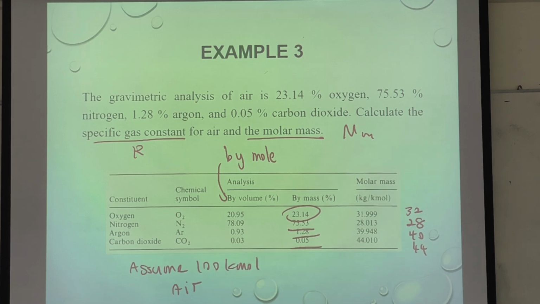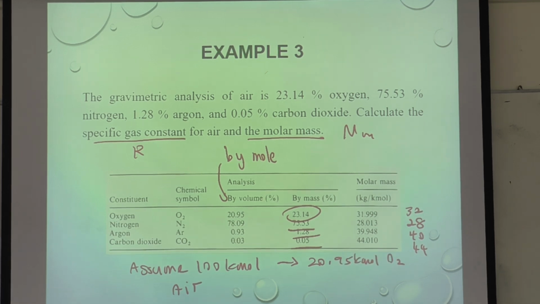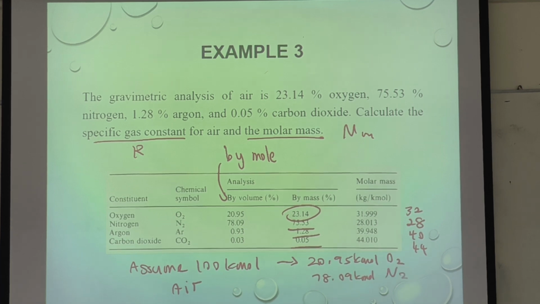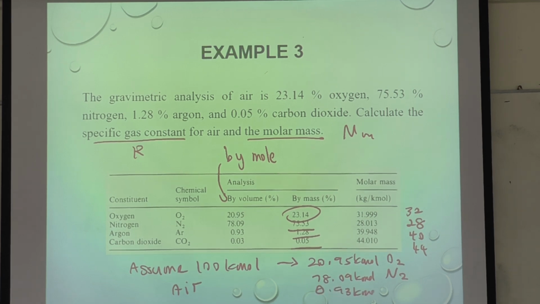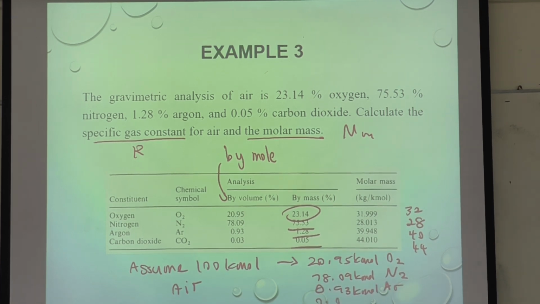Let's say you assume 100 kilomole of air. So meaning you will have 20.95 kilomole of oxygen and then 78.09 kilomole of N2, 0.93 kilomole of argon, and also 0.03 kilomole of CO2.